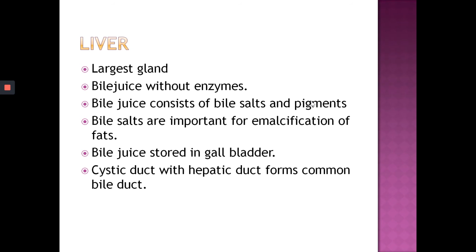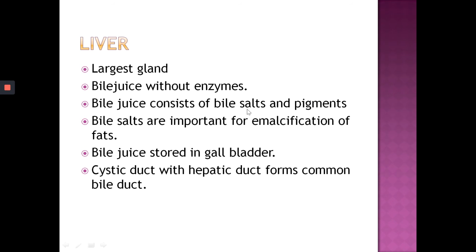Bile pigments are formed by breakdown of the RBC. RBC lifespan is 120 days. After 120 days, RBCs die and they reach the liver, and in the liver they are digested. After breakdown of the RBC, pigments are released. Those pigments are bilirubin and biliverdin.